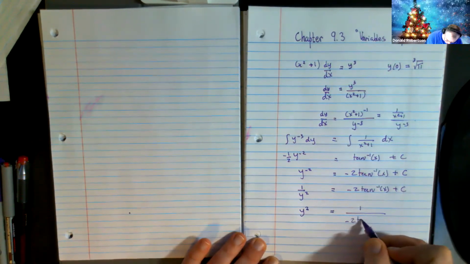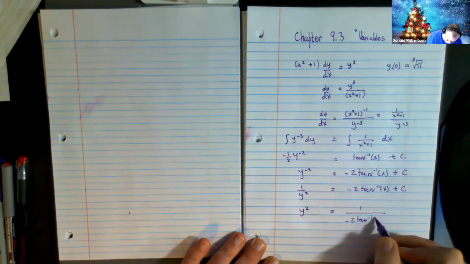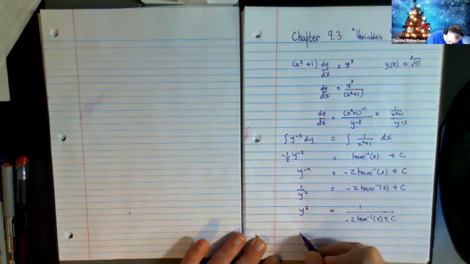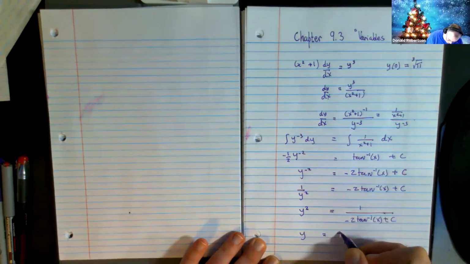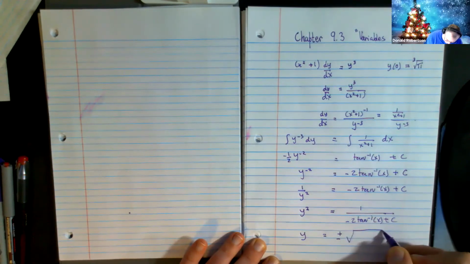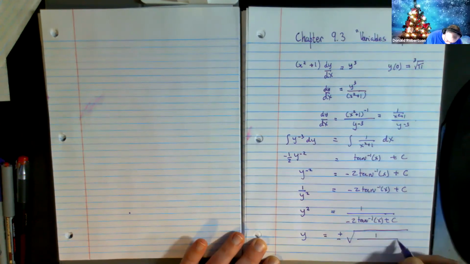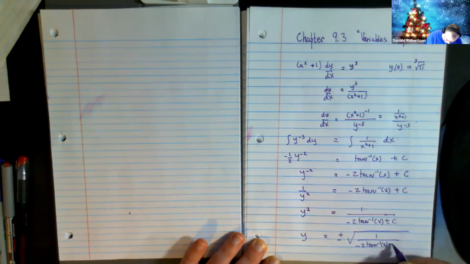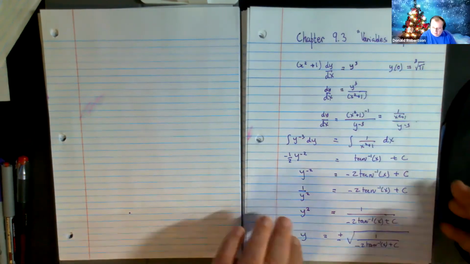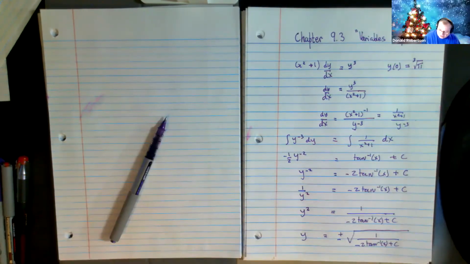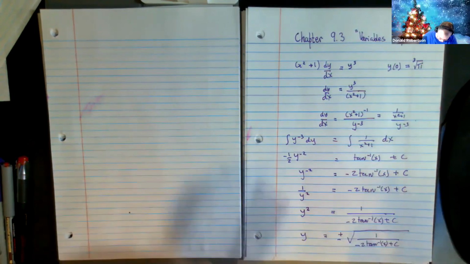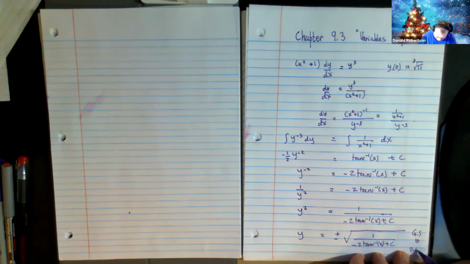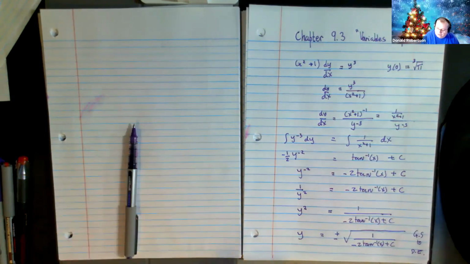Great. And that makes y, technically, plus or minus the square root of one ugly looking fraction. And that guy is called the general solution to this differential equation. And it's a general solution because it has a plus c in it.